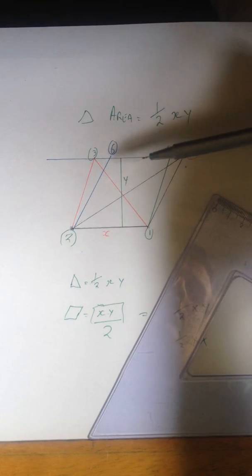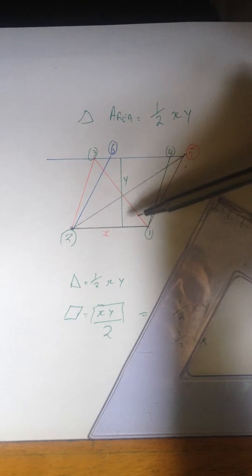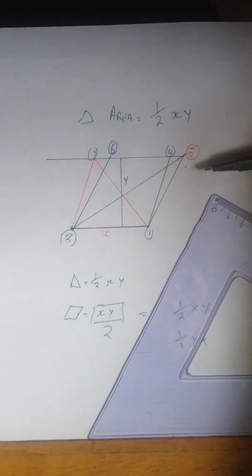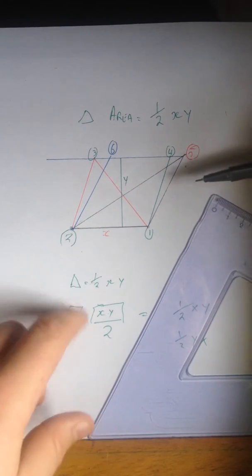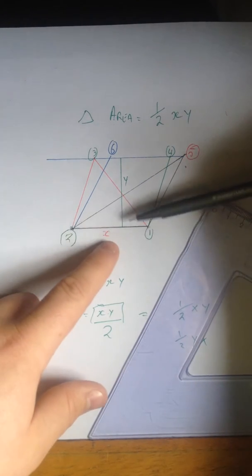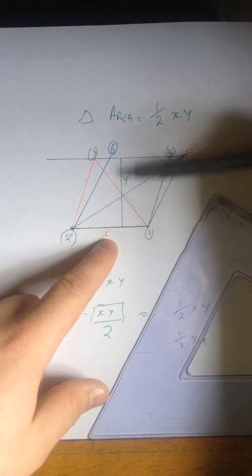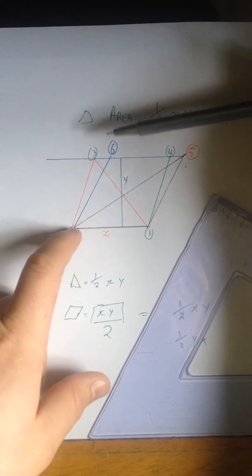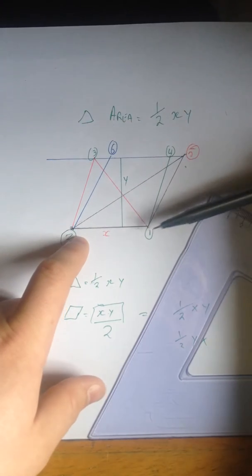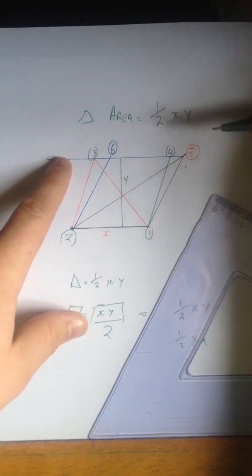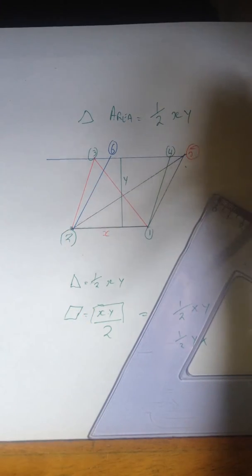So therefore half the area of the parallelogram is equal to the area of the triangle, and since the area of the parallelogram is equal to x by y, which is the base by the perpendicular height, we can find out that both triangles 1, 5, 2 and 1, 2, 3 have equal area.